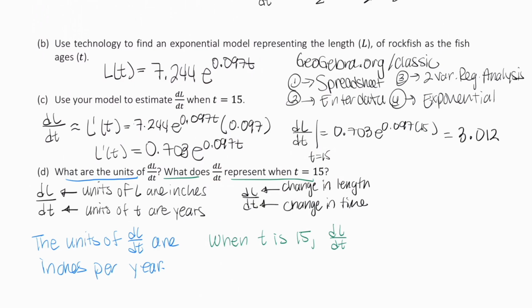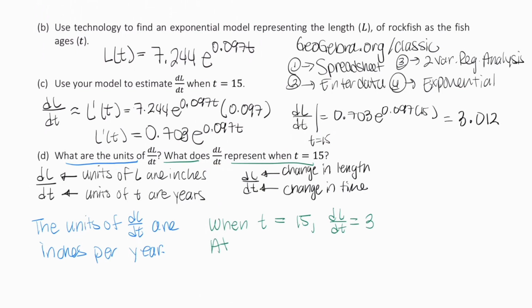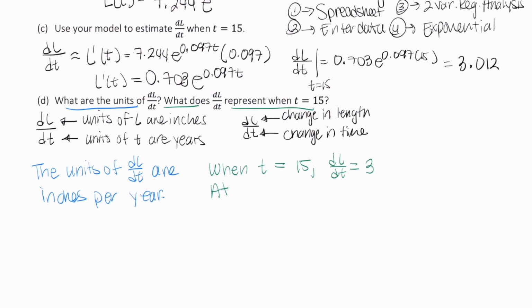Now let's put this together with what we know about units to really answer this question. So again, at 15 years of age, these fish are expected to grow at a rate of 3 inches per year.